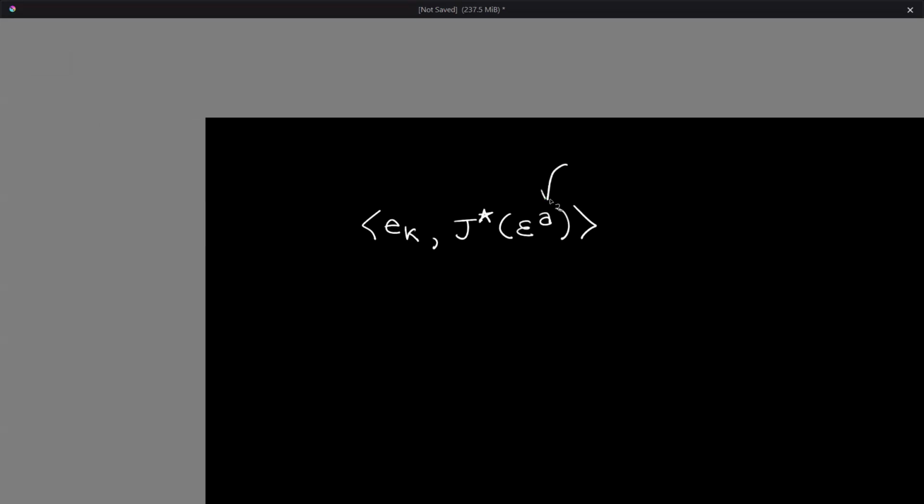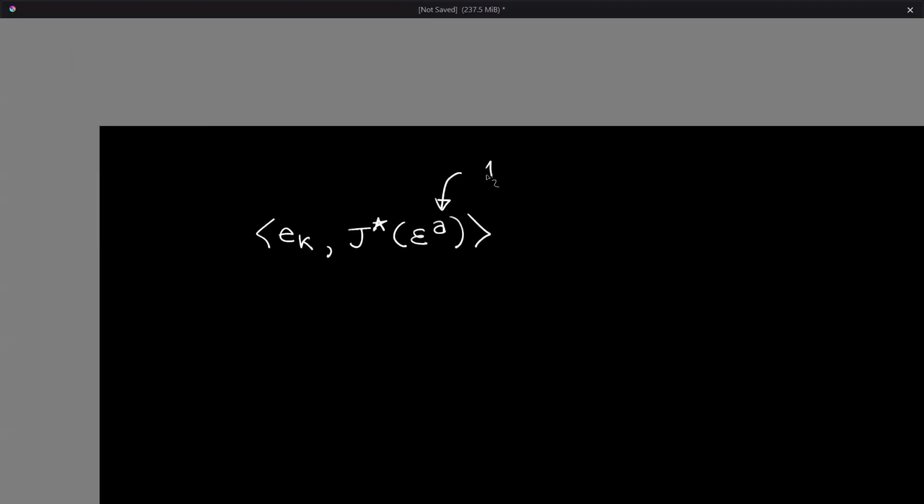Now here's an interesting thing. We're saying that A goes from 1 to 2m, so it goes over the entire spectrum that we've been looking at. Remember that our real space is twice the dimension of our complex space.